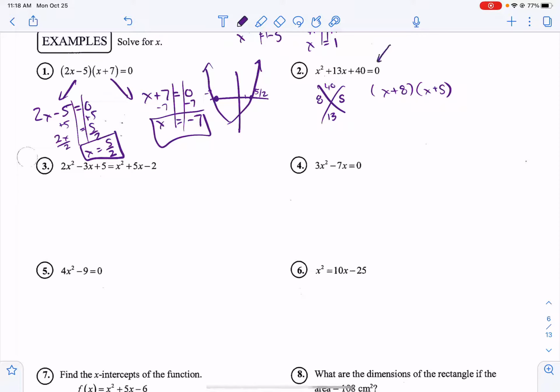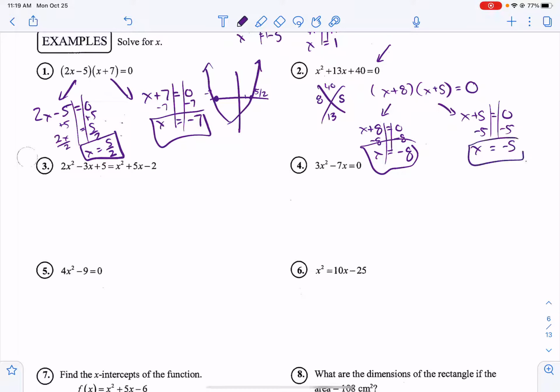But in this chapter, that is equal to 0. When I multiply those together, they equal 0. So that means this one could equal 0, or this one could equal 0. So if I set them both equal to 0 and railroad track, I get x equals negative 8 as one answer, and I minus 5 from both sides, and I get x equals negative 5 as my other answer. So I get two answers. Those are the two places that I'm going to cross.